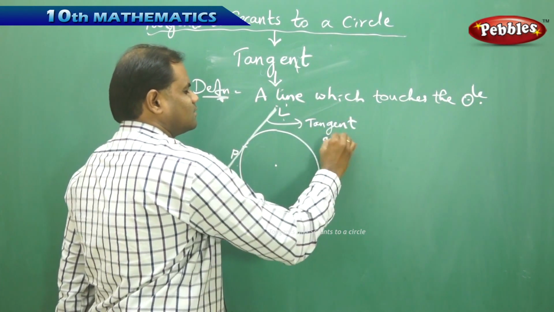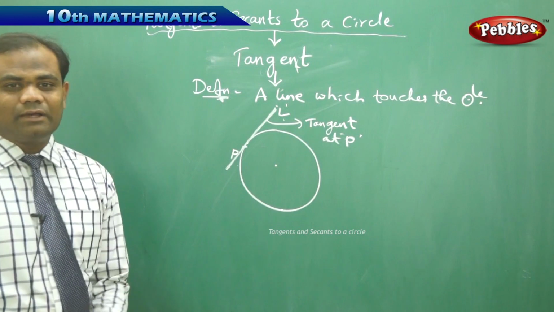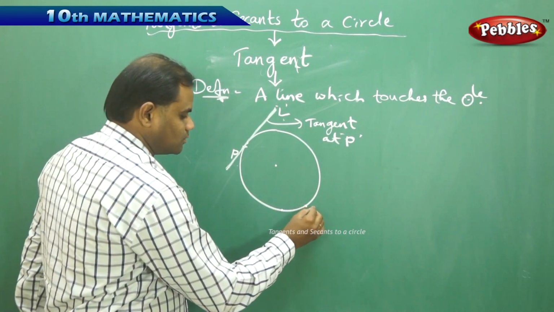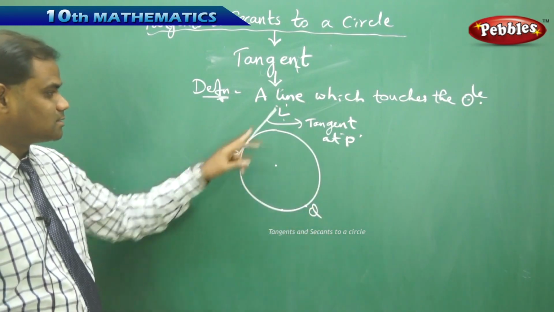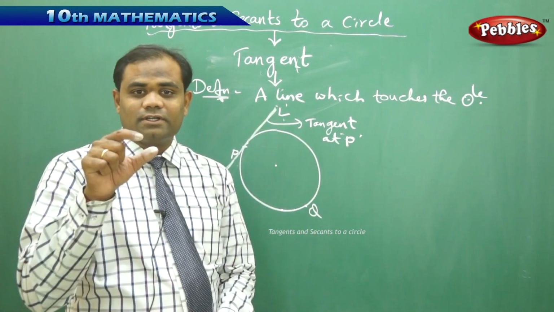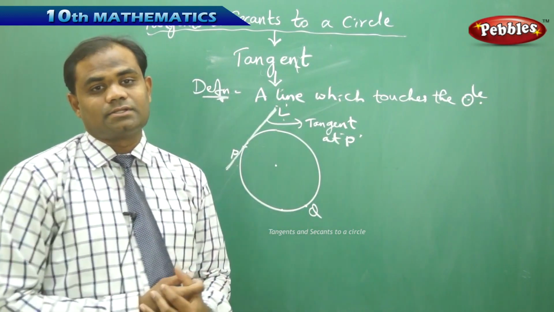This is said to be the tangent at P. Now I have some point Q, then I do not call the tangent at P as at Q as this, because the tangent refers to that point where the line touches the circle.